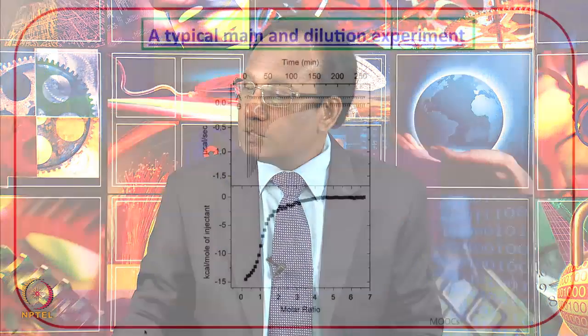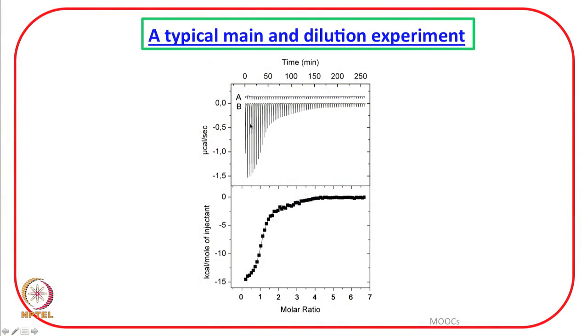And let me show in this figure that the area under each peak is represented by this dot. See, it is kilocalorie per mole, or you can plot kilojoules per mole. Area under each peak is represented by this dot, and this is how the heat liberated varies.